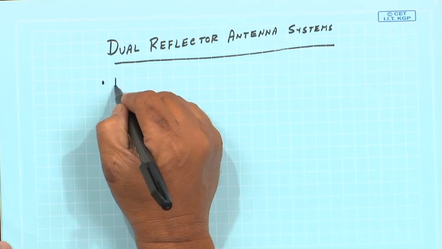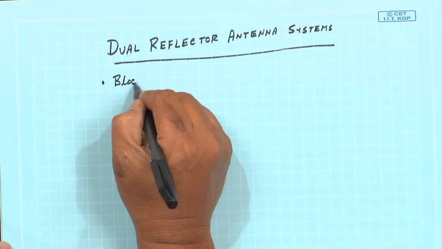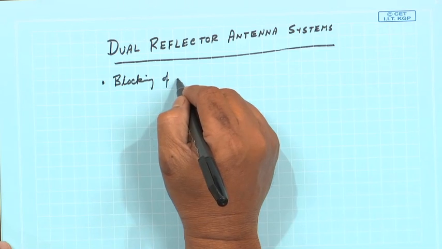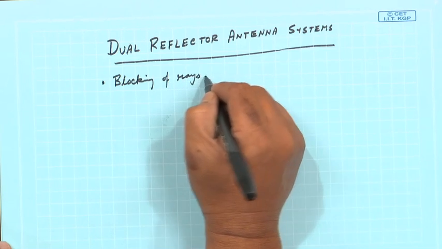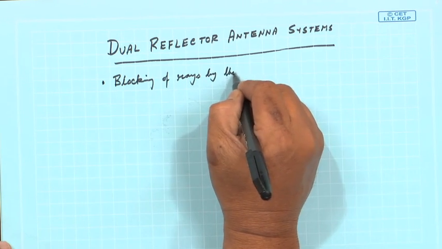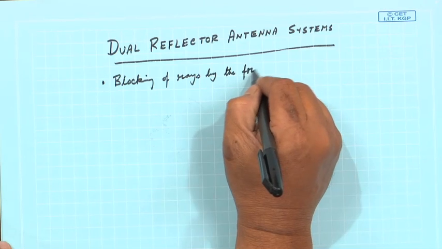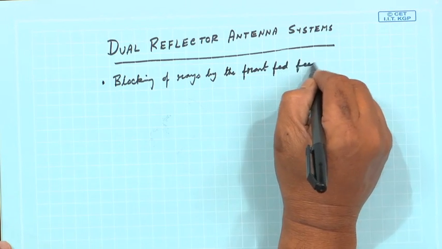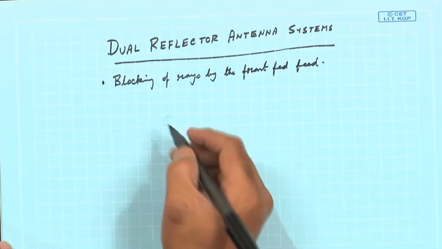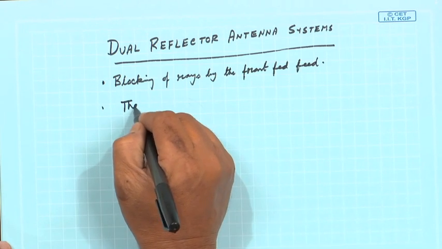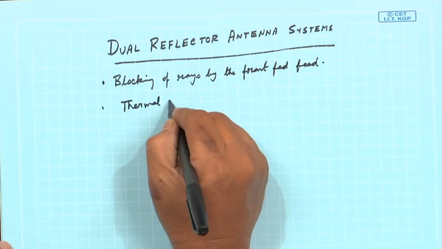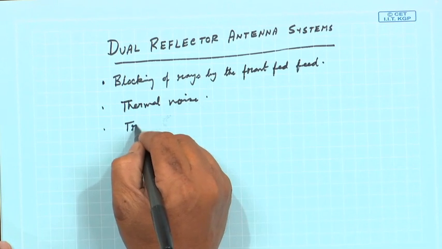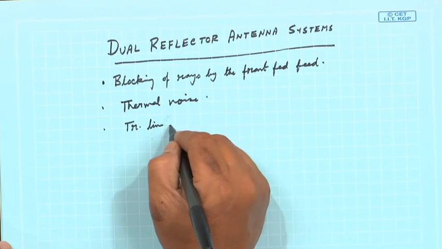We have already discussed blocking of rays by the front feed or prime feed. Then we have discussed the thermal noise problem. Then we have discussed the transmission line loss.